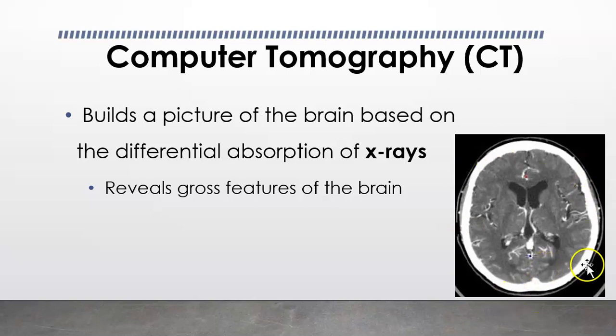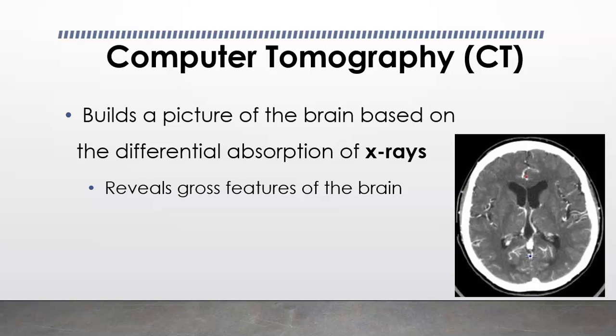So here we're looking down on the brain, so that's a horizontal section. But you can also take images coronally or sagittally as well, depending on what type of image you need. Now, one problem with this CT scan is that we can't see activity in the brain. We can see the structures, but we can't see what part of the brain is currently active.